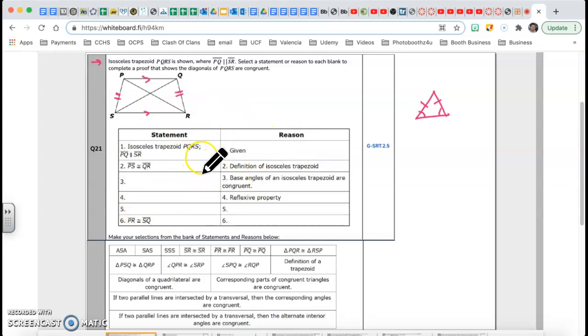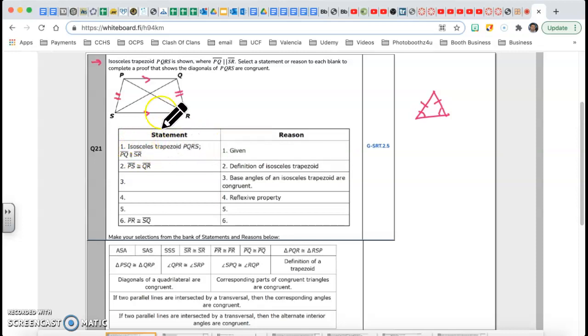So this is my proof. On the bottom, make your selections from the bank of statements. They're giving me statements, so I don't have to guess what I'm putting here. Remember, every single proof has two columns, statements and reasons. The first statement is most likely always given, which is isosceles trapezoid PQRS.